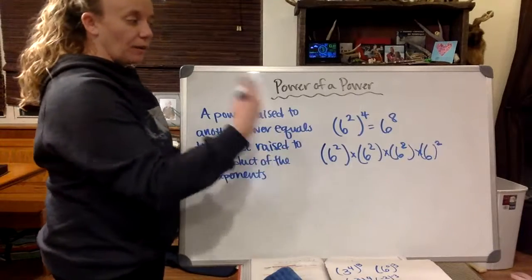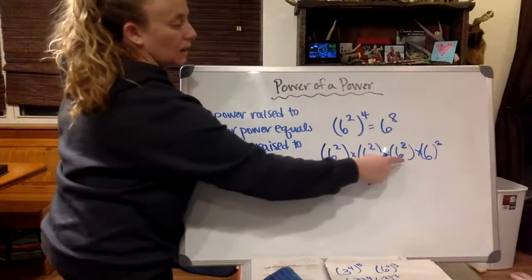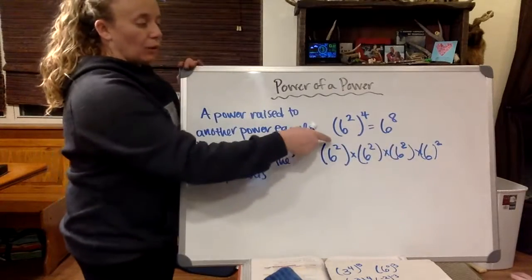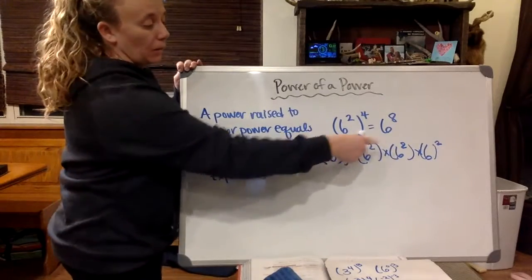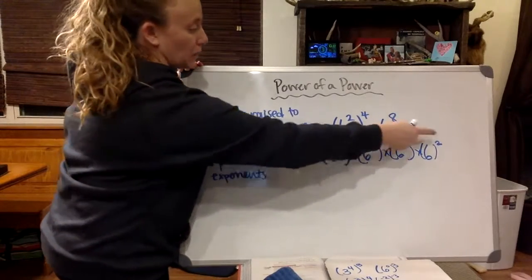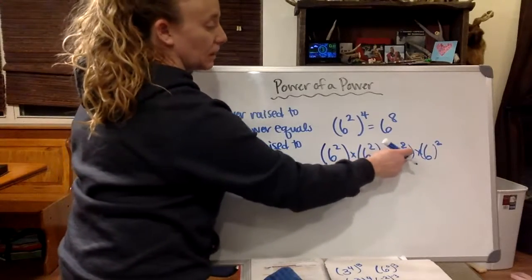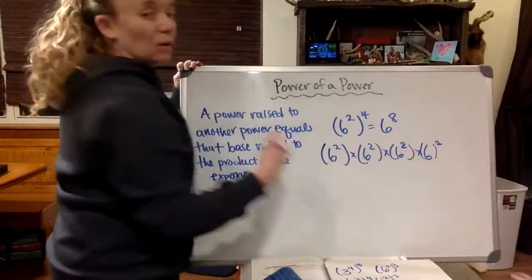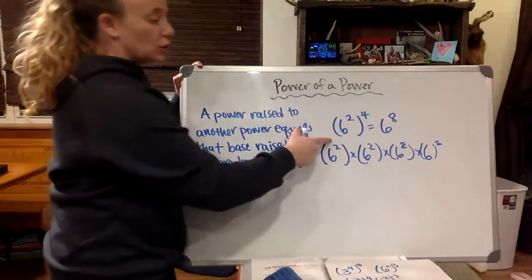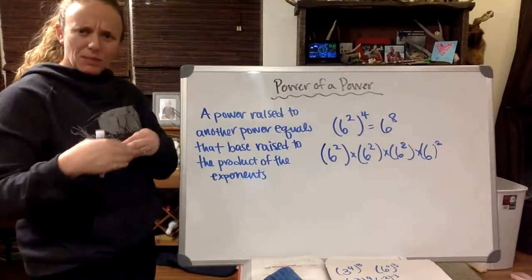Now, we already know from the previous lesson that if we have a base over and over raised to an exponent and it's a product of all of those, we can add our exponents. So technically, we have 6 times 6 times 6 times 6 times 6 times 6 times 6 times 6, which is 8 sixes. 2 plus 2 plus 2 plus 2 equals 8. Picking up what I'm putting down?